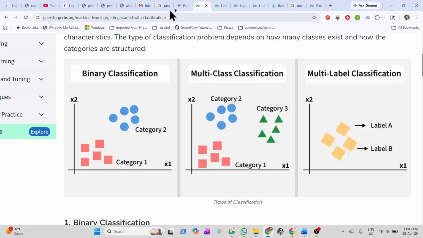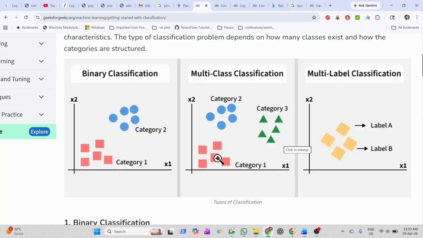Moving on to multi-class classification, you can clearly see here there are three different categories, or three classes, or three labels, or three targets. In category 1 we have our squares, category 2 are our circles, category 3 are our triangles.